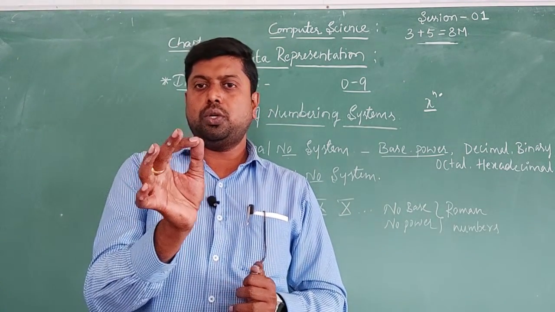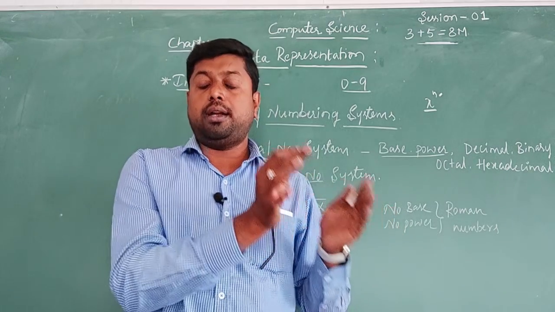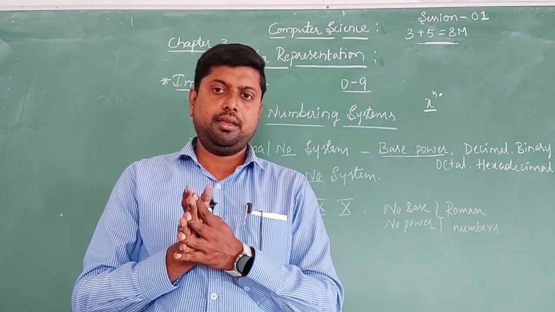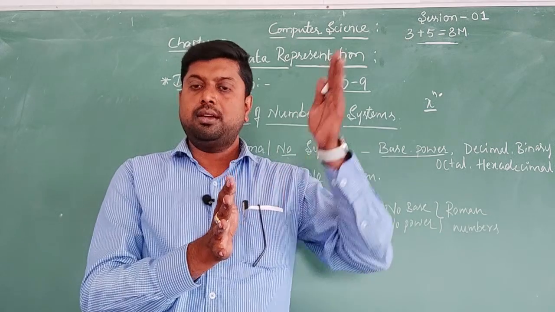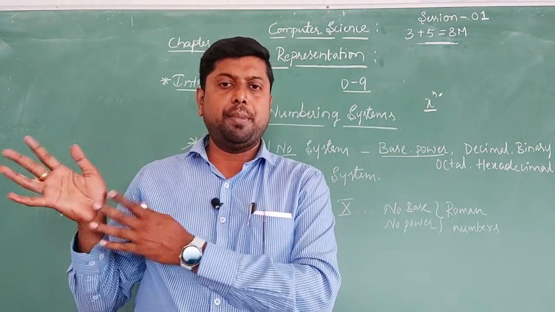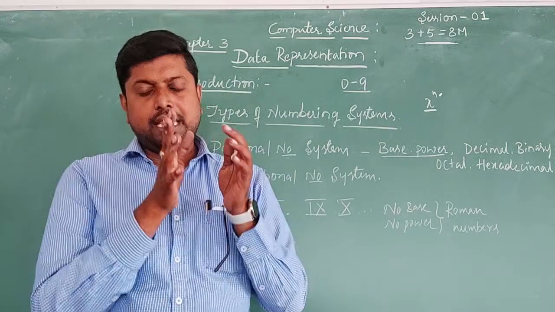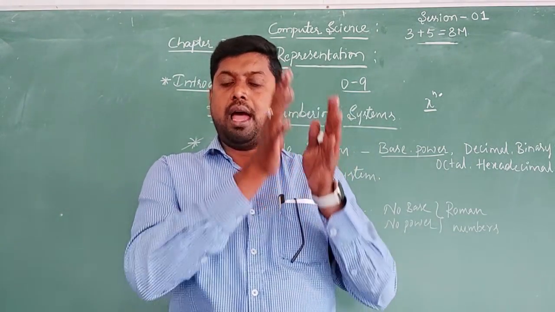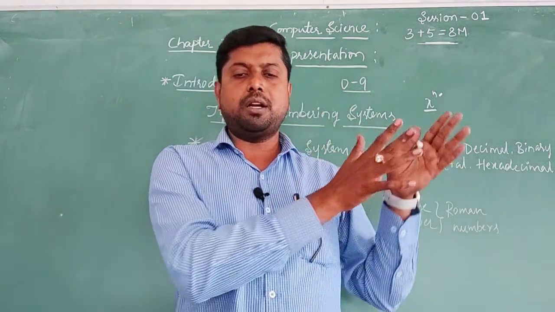Now you have come to know we have types of numbering system. The first one is the positional numbering system, the second one is the non-positional numbering system. In the positional numbering system, each number has its own base and power.